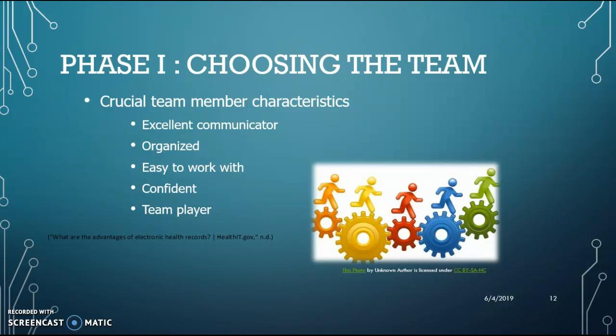You want them to be easy to work with. They all need to be confident to be able to make suggestions, maybe be rejected with their ideas, but then again continuing to build on ideas despite maybe their first idea not being accepted by the entire team. Therefore, which leads to one of the most important things is to be a team player.